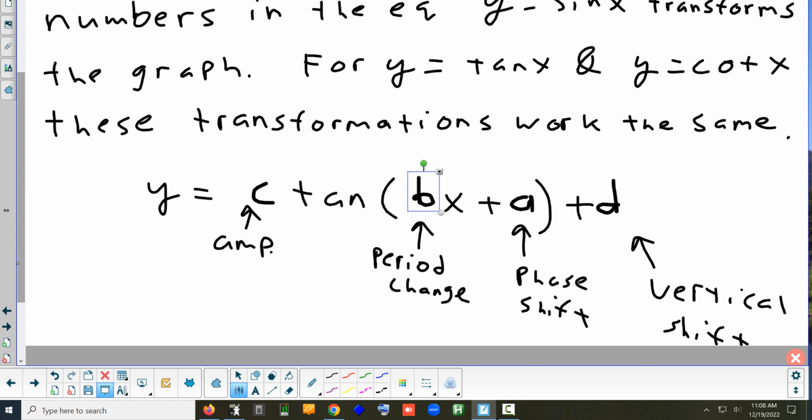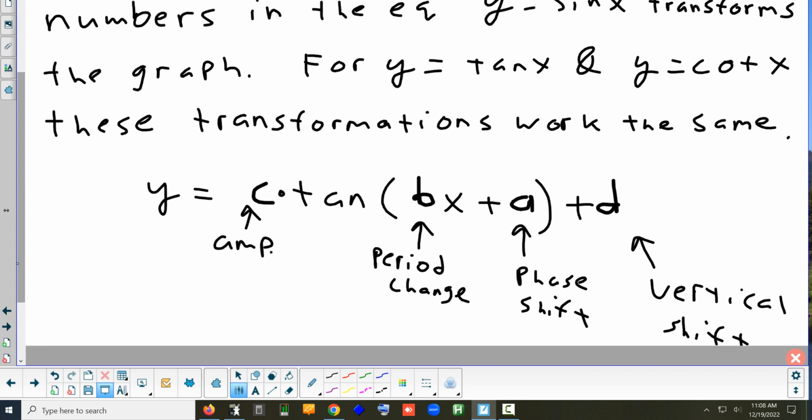B changes the period length. B is your period change. And a period change does what to your graph? It's a horizontal stretch or compression. And you can flip it too if it's negative. Yep. If B was negative, it would flip it.